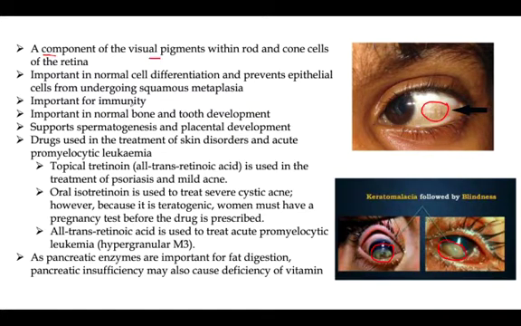So, vitamin A is an important vitamin that helps in vision. Also, vitamin A is important in normal cell differentiation and prevents epithelial cells from undergoing squamous metaplasia.